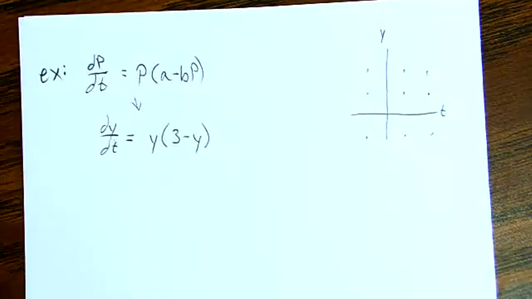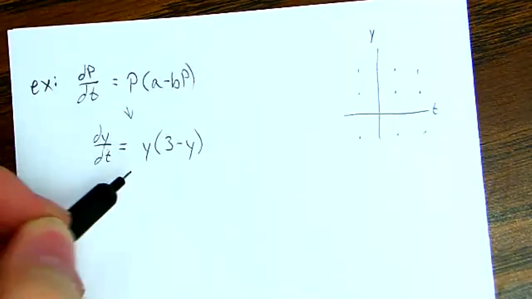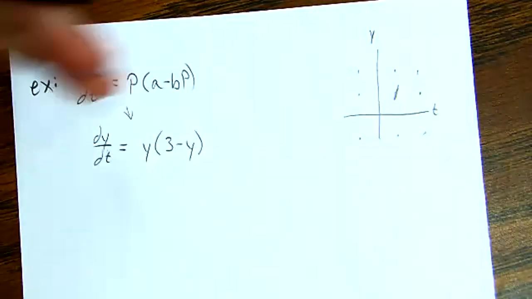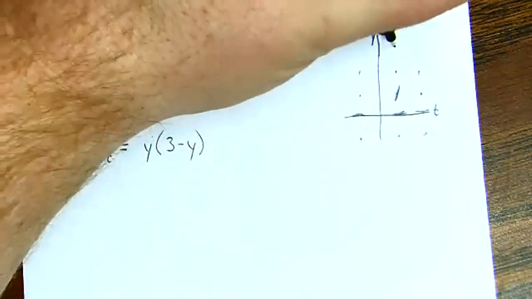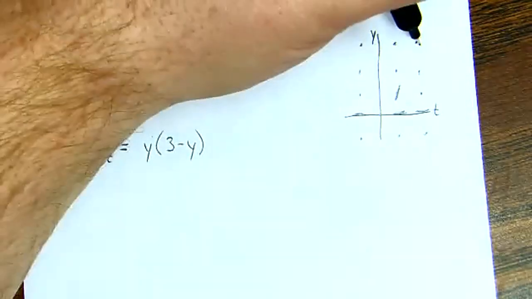So let's plug in a couple at the point 1, 1. Our slope is 1 times 2, so our slope is 2. If y is 0, our slope is 0. And if our y value is 3, our slope is 0.